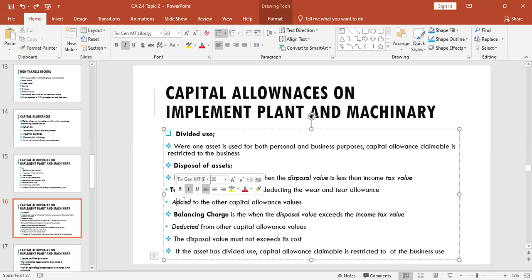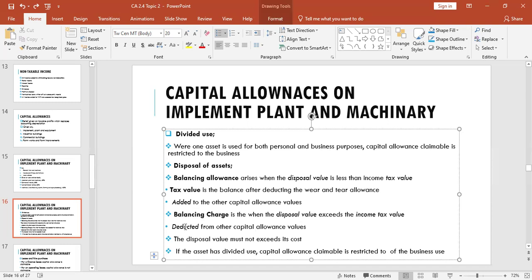A balancing allowance is just the same as other capital allowances, but the only difference is the name. So the way we treat other capital allowances is the way we treat a balancing allowance. A balancing charge, on the other hand, is deducted. So a balancing charge is a negative, but a balancing allowance is a positive.